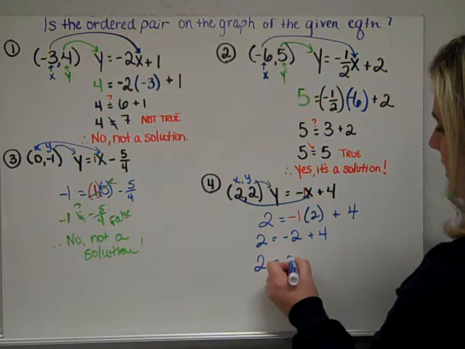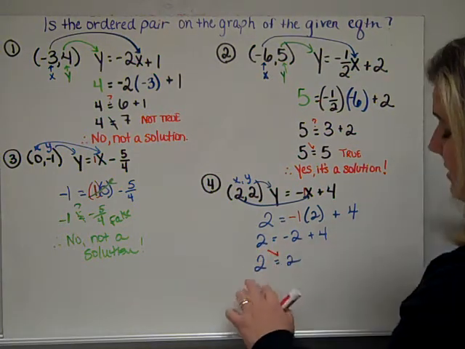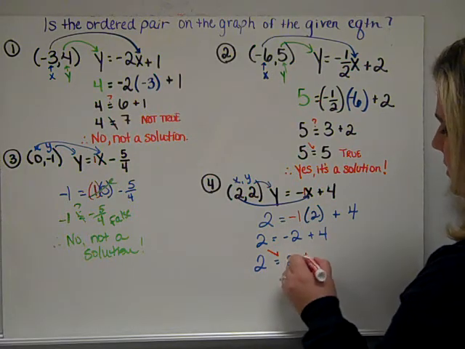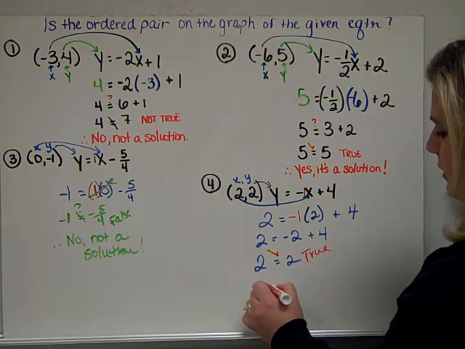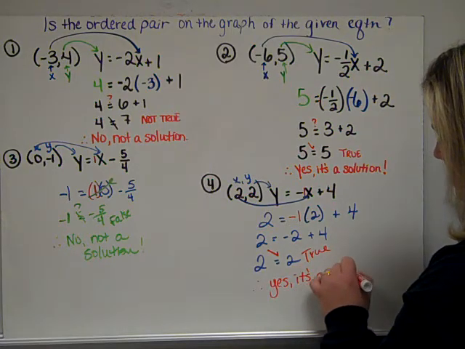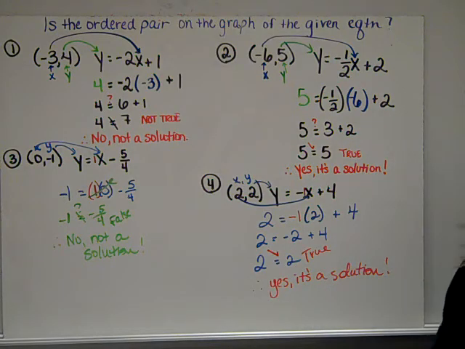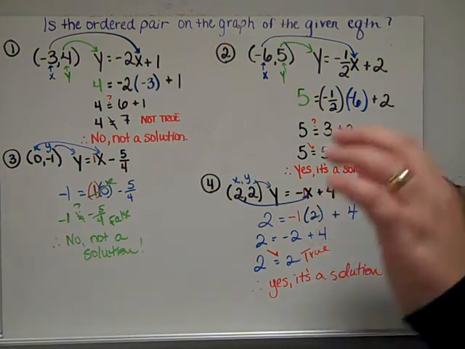So here I do get +2 does equal +2. So this is a true statement. Therefore, this is a solution. So that point does lie on that line.